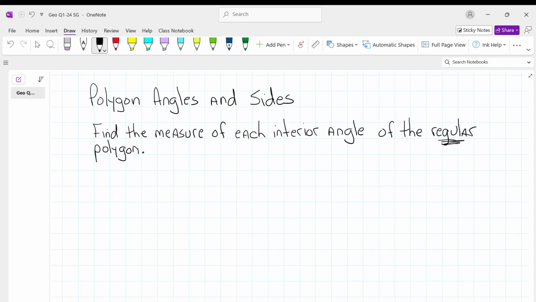You're going to be given the polygon as a word, meaning let's say they give you a nonagon. All right? If you just look at that chart on page 394, a nonagon has 9 sides. So this thing has 9 sides.